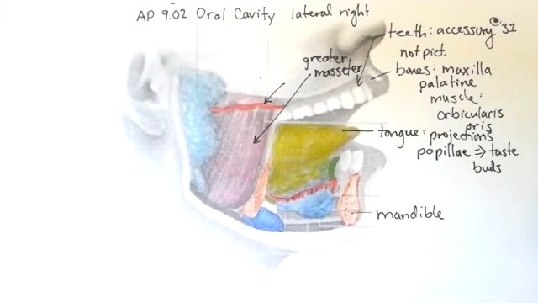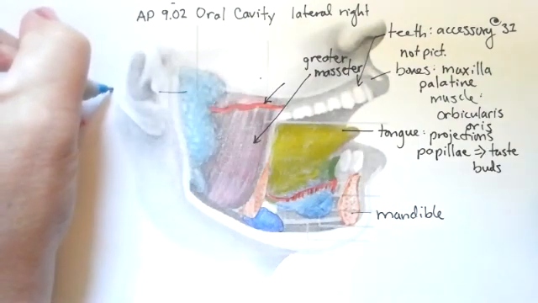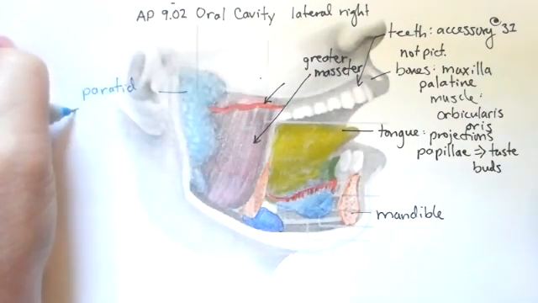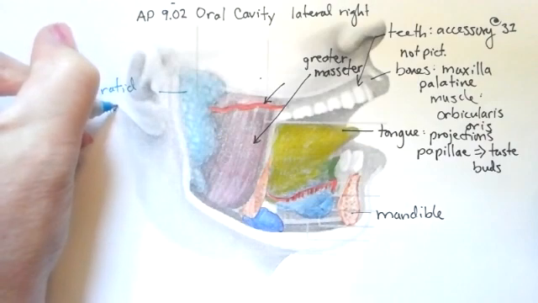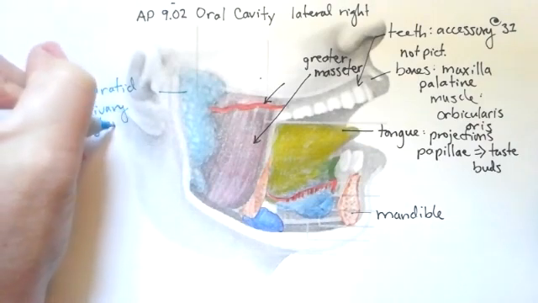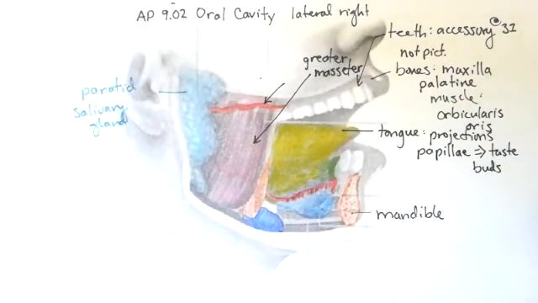In light blue, we have the parotid salivary gland. In dark blue, it lies beneath the mandible. So this is the submandibular salivary gland.